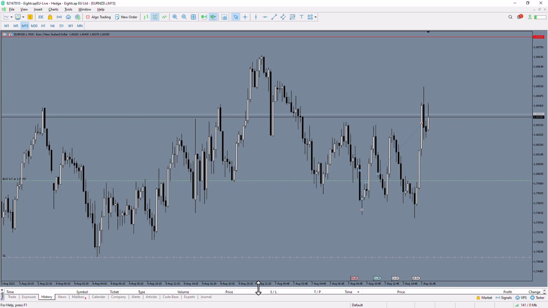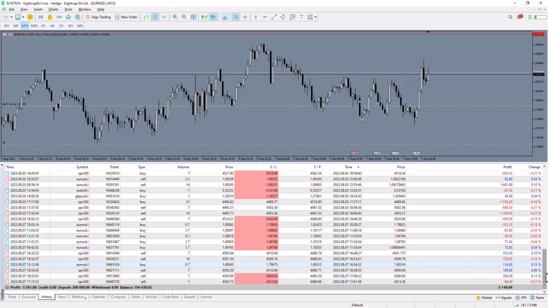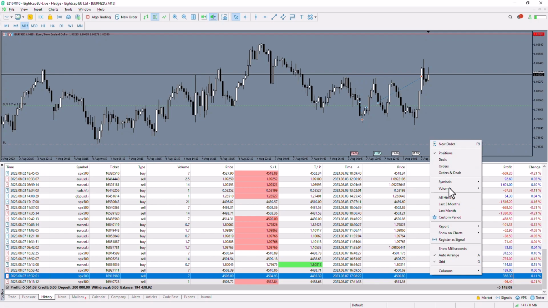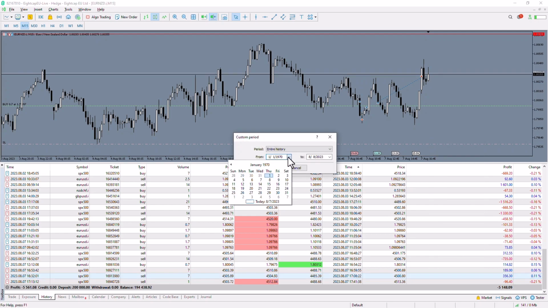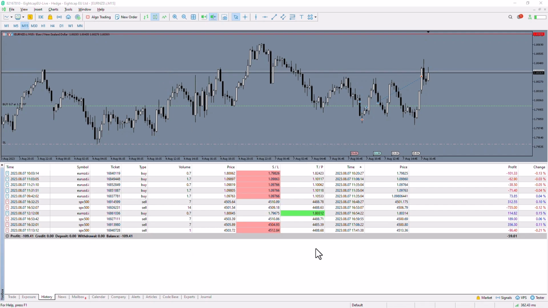So looking to see the history for the day, let me filter down to just today, which is this price action.